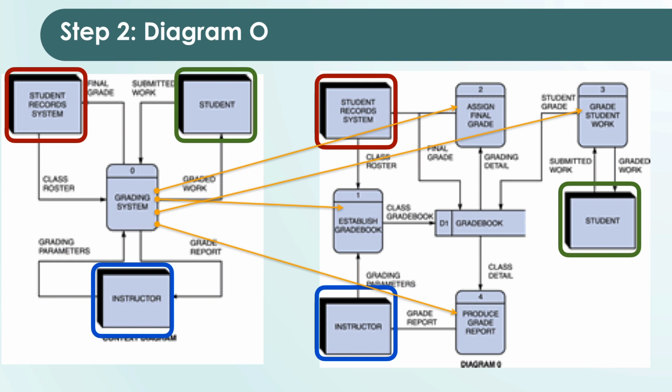The important thing that you have to remember in drawing diagram 0 is to make sure that the number of entities and the number of data flows in the context diagram and in diagram 0 are the same. If there are 3 external entities in the context diagram, then there also must be 3 external entities in diagram 0.